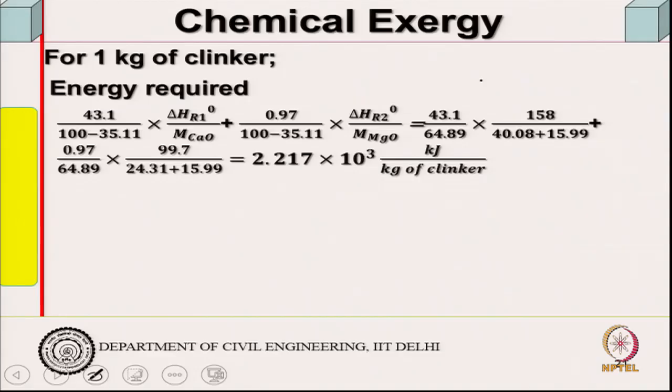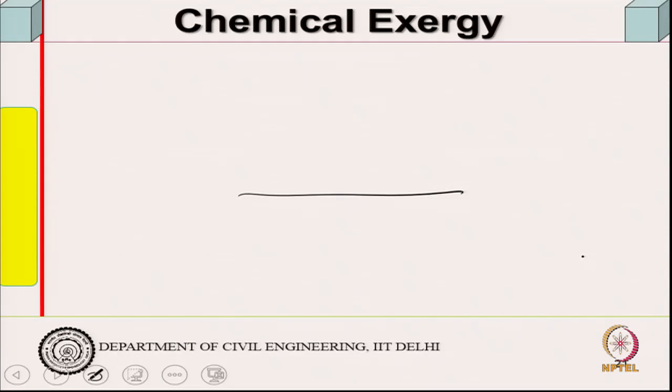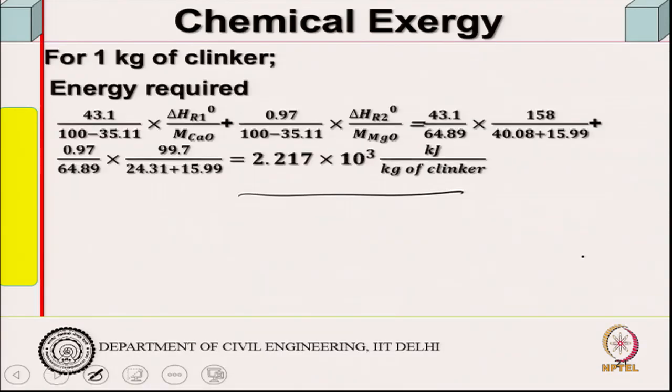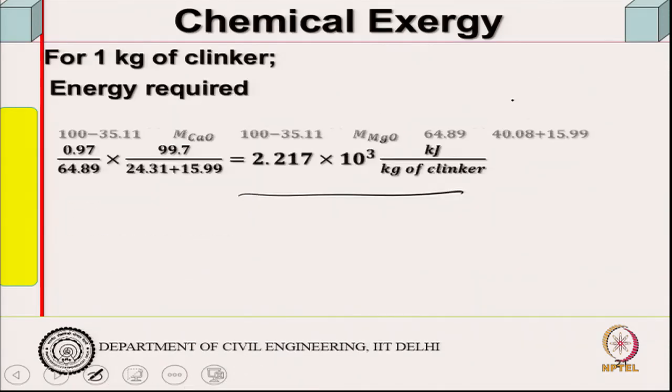So, for 1 kg of clinker one can show how much energy would be required, because for this combination of 43 calcium oxide, 100 minus 35, because 35 is the carbon dioxide going out, divided by production of calcium oxide requires this much kilojoules of energy. So, this much kilojoules I can find out.